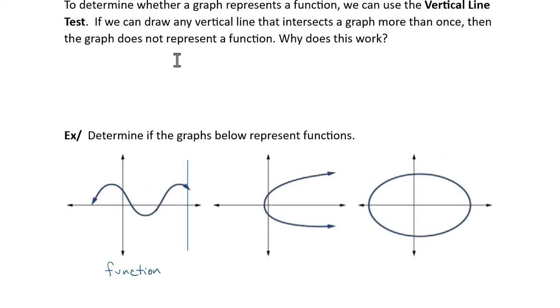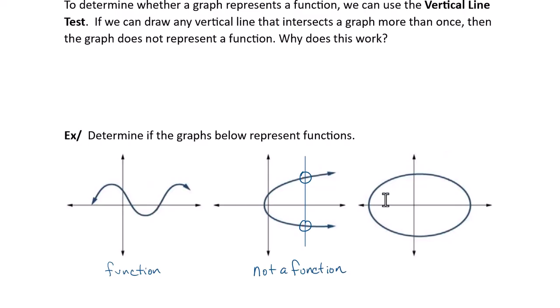Let's try this. We have our graph. We're going to take our pencil and run it through from left to right, and it's hitting more than one point at a time. Okay, we can see that here and here. So this is not a function based on the vertical line test.